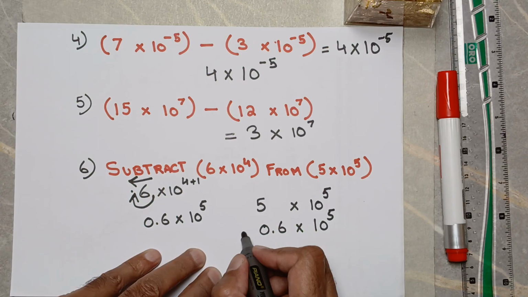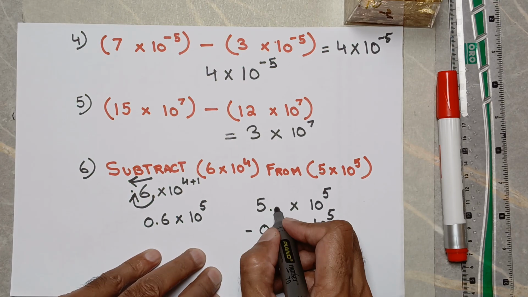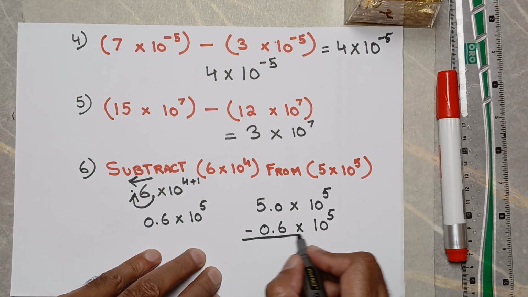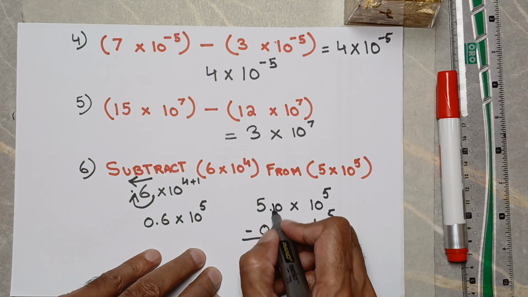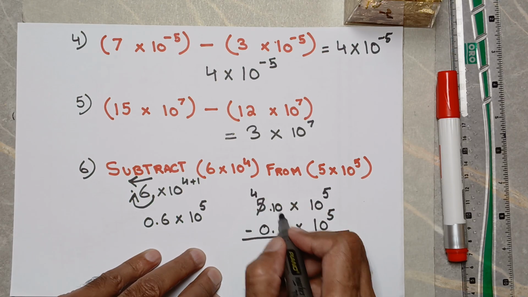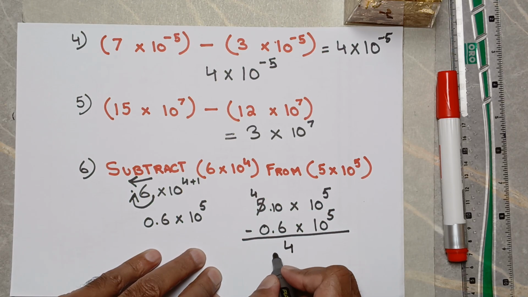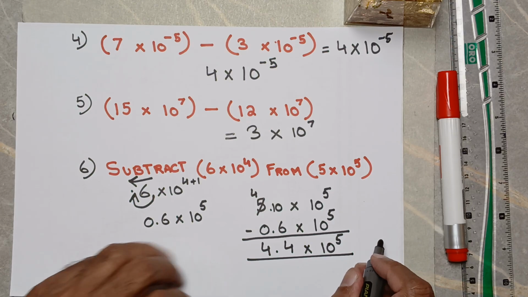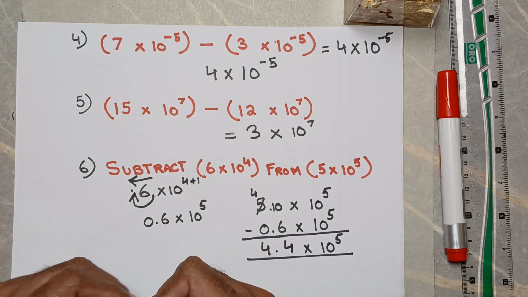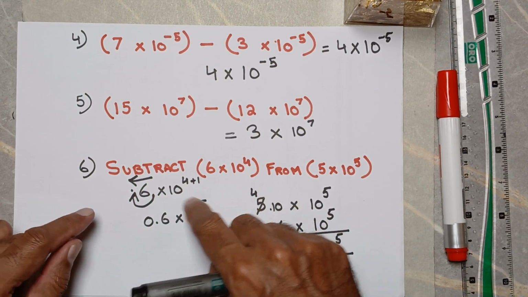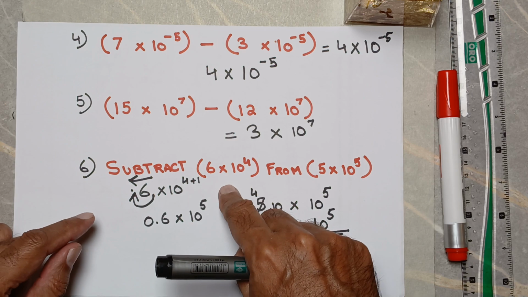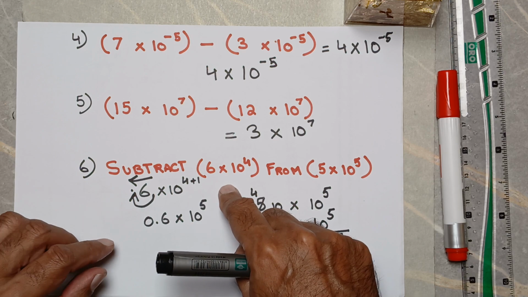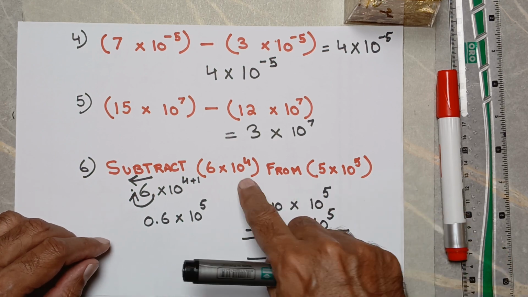Now we can simply subtract. 0 over here, and here it is 10, here it becomes 4. So 10 minus 6 is 4, 4 point, and 4 times 10 raised to the power 5. This is your answer.